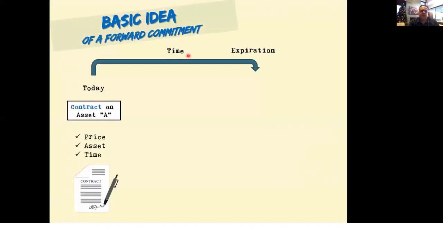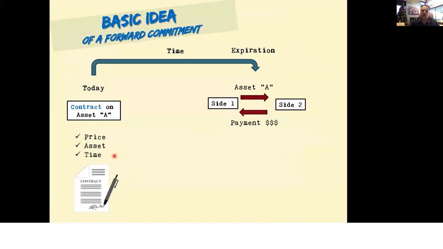So what's the basic idea of a forward commitment? Today you have to specify and agree on 3 metrics: the price, the asset, and the time that it will be delivered. So on day zero, there's a contract that specifies these 3 items: the price, what's the asset, and when the contract is expiring, and what happens at expiration.